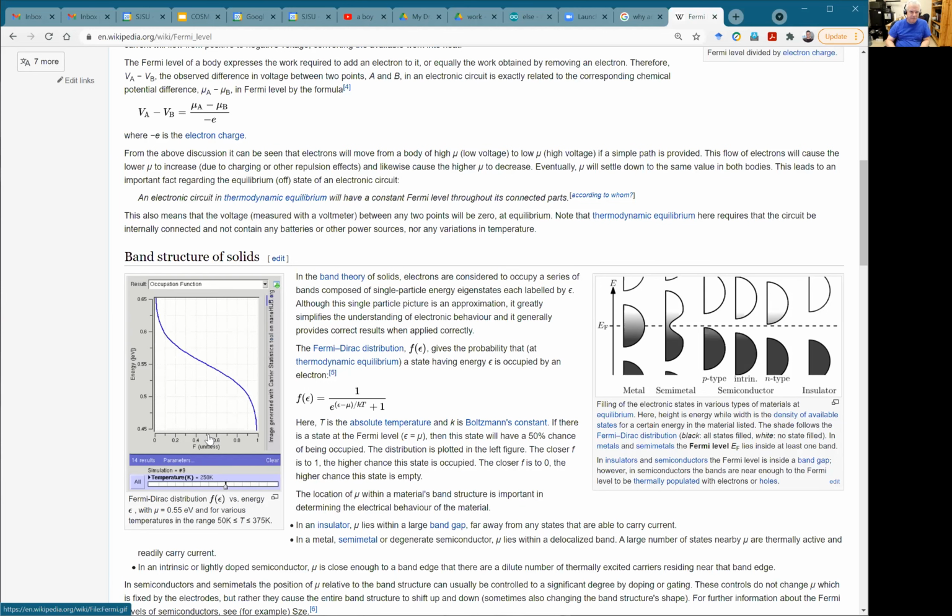So, Sadhana, question for you. What happens when electrons go from the conduction band to the valence band in terms of the structure of the nanotube? I have no idea. Who else? Does anybody else have an idea what happens to the structure of the nanotube when electrons go from the valence to the conduction band, or from the bonding to the anti-bonding level?